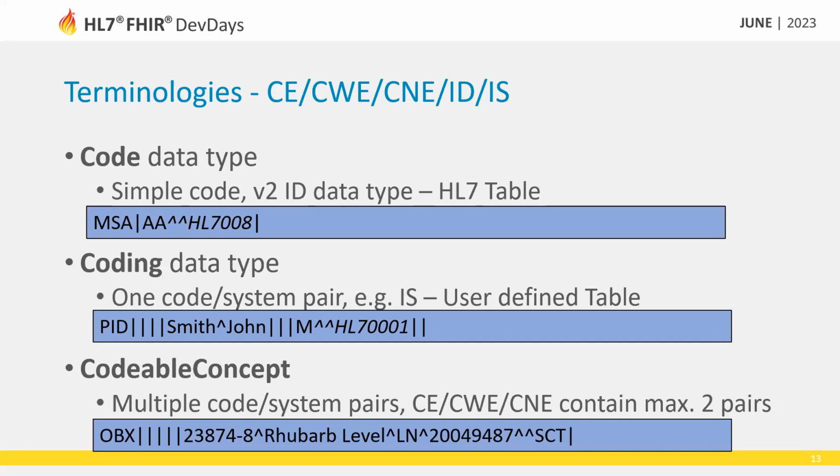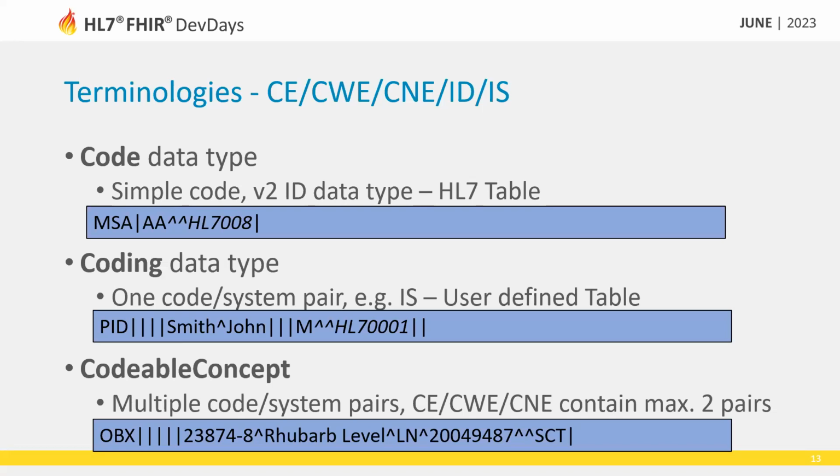HL7 tables are defined by the HL7 organization itself. They're closed. You're not allowed to ever add anything to it. And you have user tables where you can do whatever you want. They're user defined. Now you more or less see the equivalent here. So the code data type is this thing that we know as HL7 tables. It's the closed table defined within the standard itself.